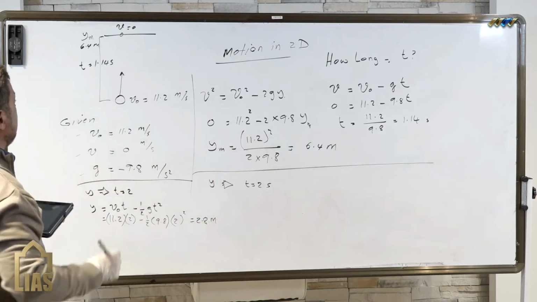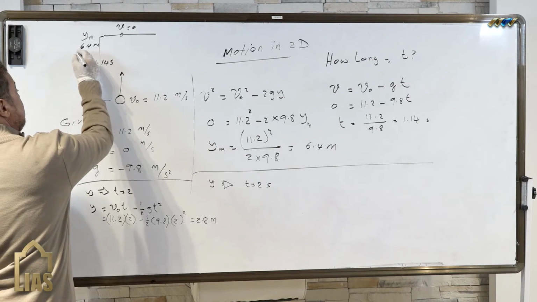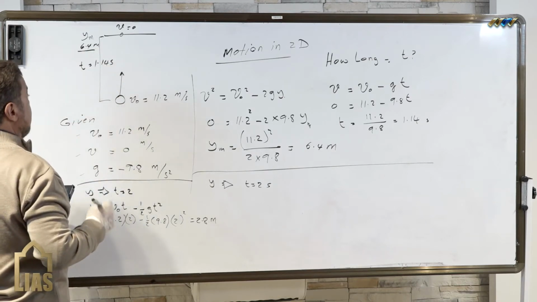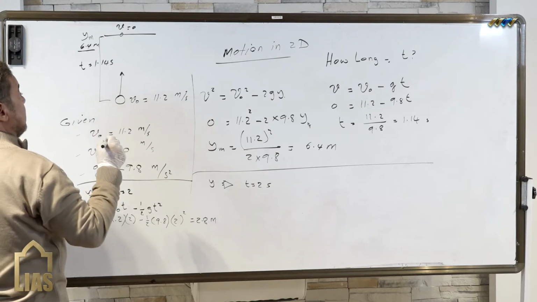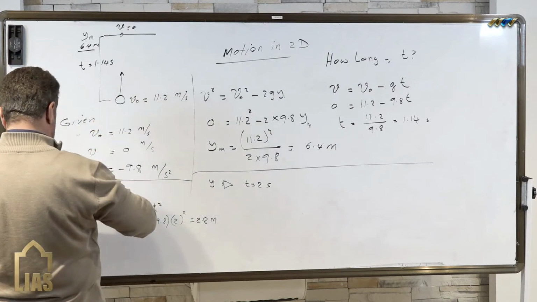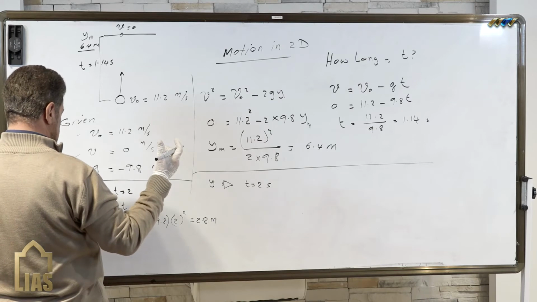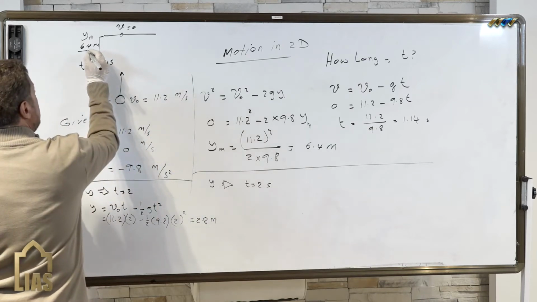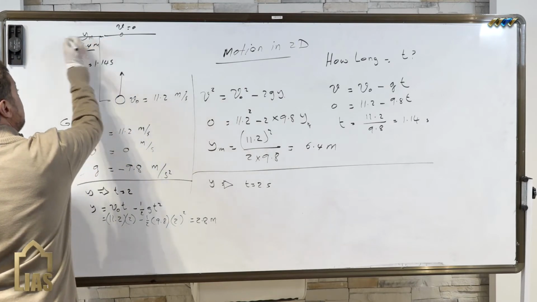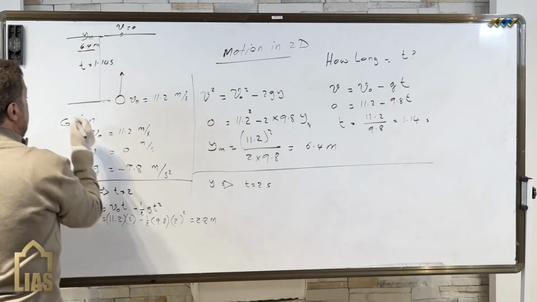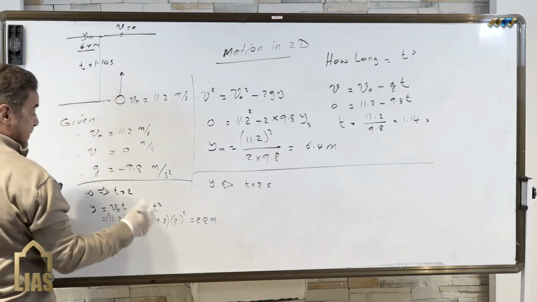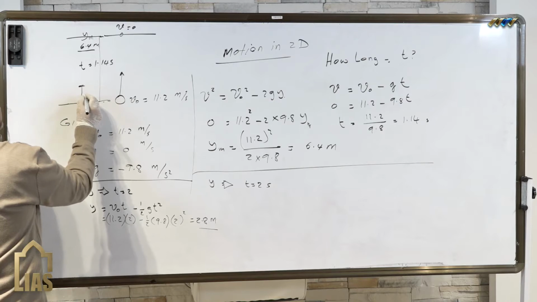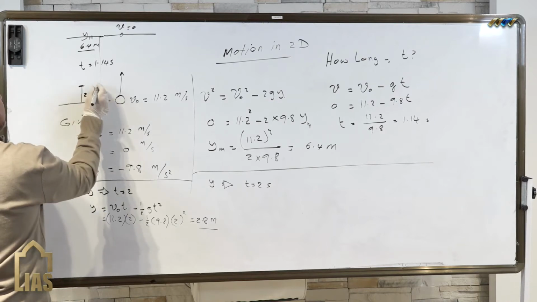What's that? Now we have 2.8 meters. We have two cases here. If we say it's 6.4, we have here positive because it's positive here. Then we have 2.8.